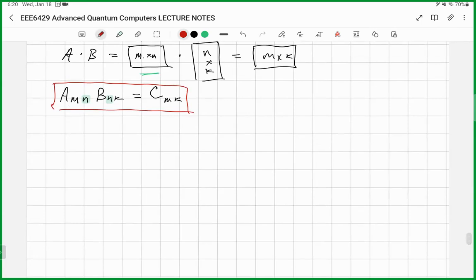When you write your matrix product, the first matrix has the components M, N, and then the second matrix. When you write the matrix product, you sum up all the components with the second index of the first matrix and the first index of the second matrix.